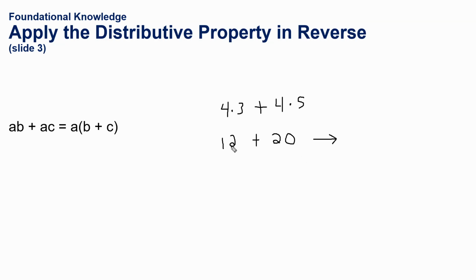So if I factored out 4 from 12, 12 divided by 4 is 3. That's where I get this. And this is where I have the parentheses, 3. And then 20 divided by 4 is 5. So applying the distributive property in reverse basically means we are factoring out a number, and generally we can factor out the greatest common factor, the number 4, which we are going to apply to several problems from the textbook.